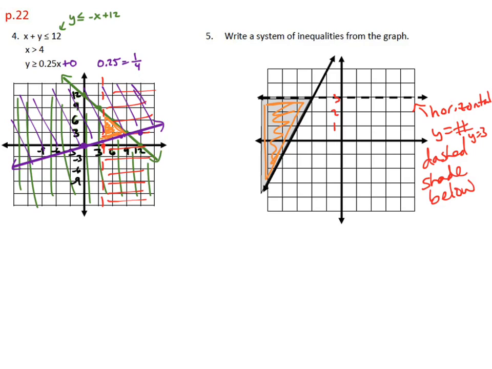Shaded below means it's going to be less than. So I have y is less than 3 for that inequality. Then we can look at our solid line that we have here. If we have a solid line and it's shaded above, we know we're going to have something that's greater than or equal to.